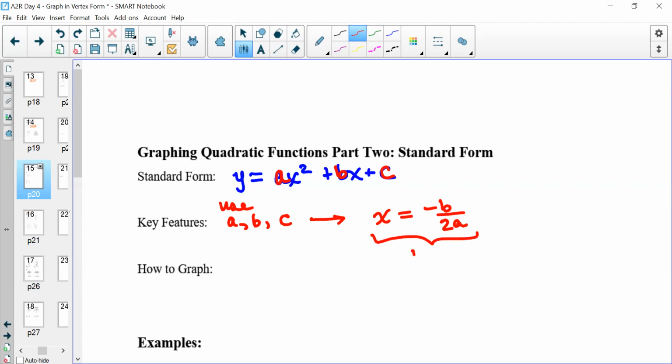So this part is going to be the axis of symmetry equation, but also it will be the x coordinate of the vertex.